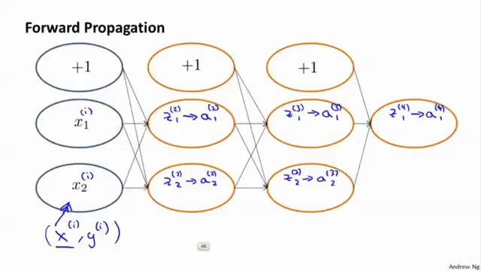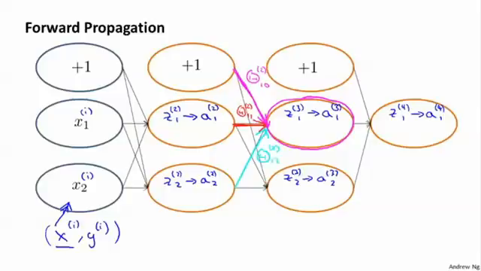Let's erase this arrow to give myself some more space. If you look at what this computation is really doing, focusing on this hidden unit, this weight, shown in magenta, is theta210. The indexing is important. This weight here, highlighted in red, is theta211. And this weight here, in cyan, is theta212.